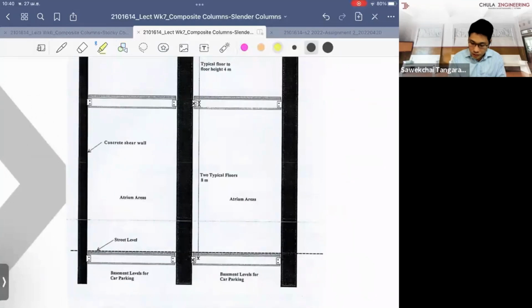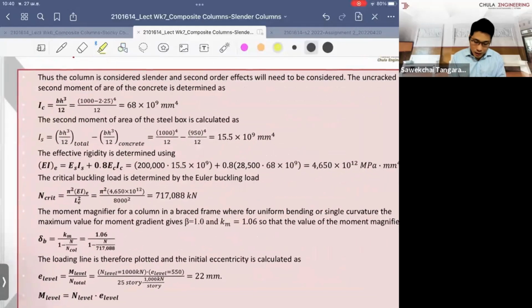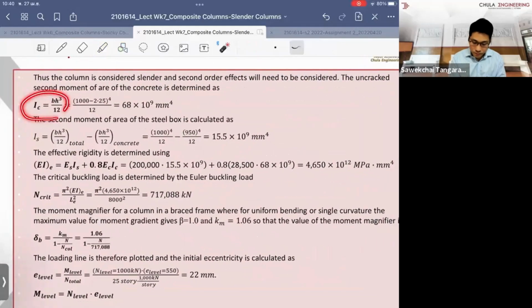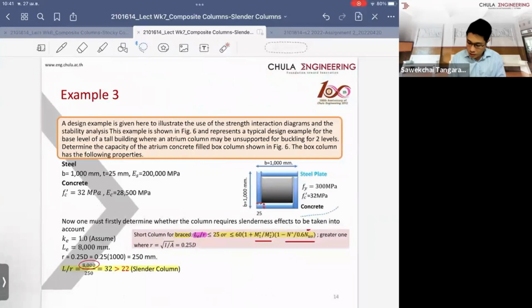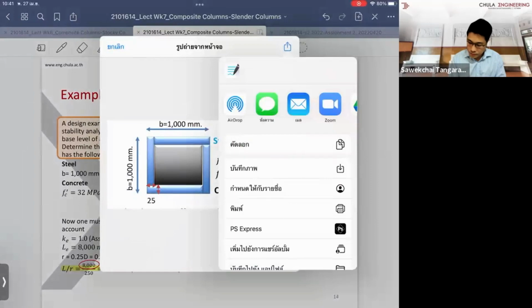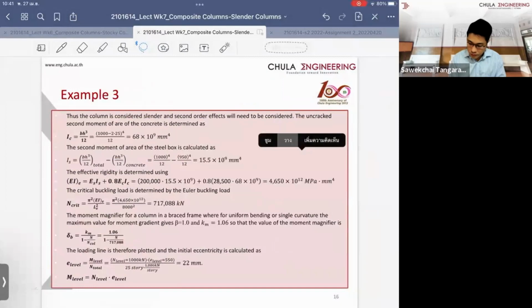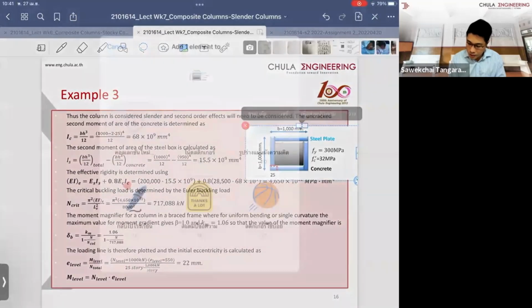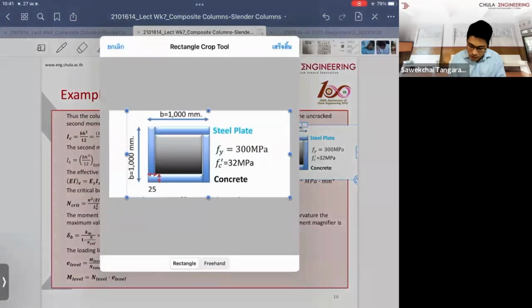So we consider the worst case, which is the highest column that we're looking at. And for the length, you just calculate the stiffness of the concrete, right? Okay, we have the envelope, which is this cross-section diagram. You just calculate based on the section capacity.